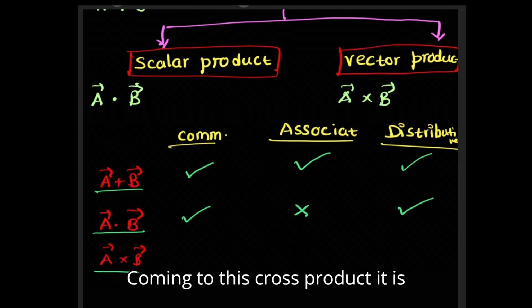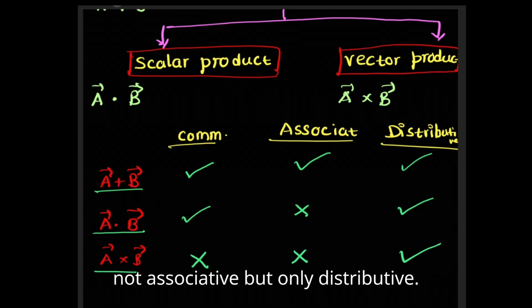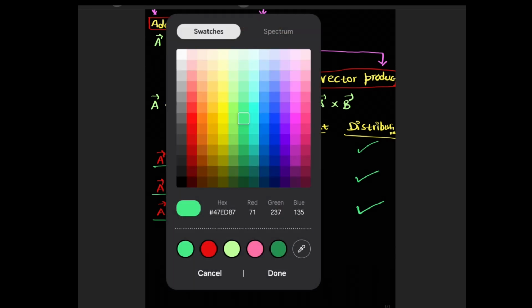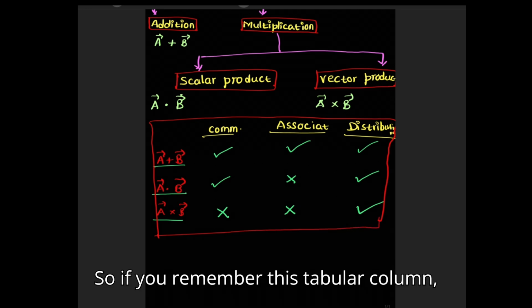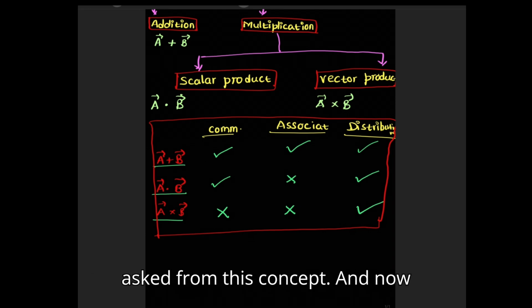Coming to the cross product, it is not commutative, not associative, but only distributive. So if you remember this tabular column, you can answer any question that can be asked from this concept.